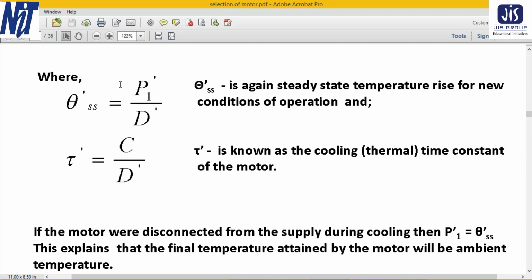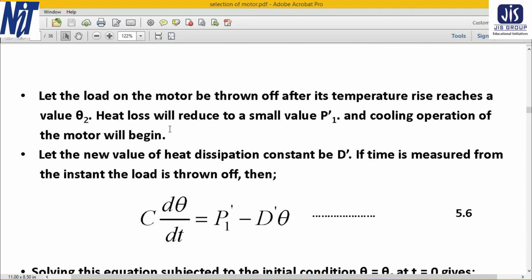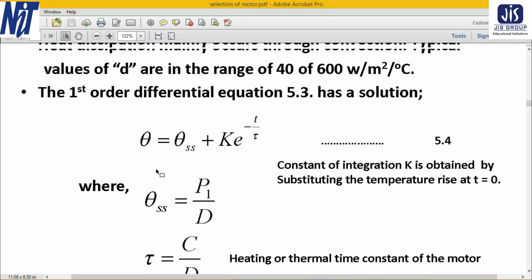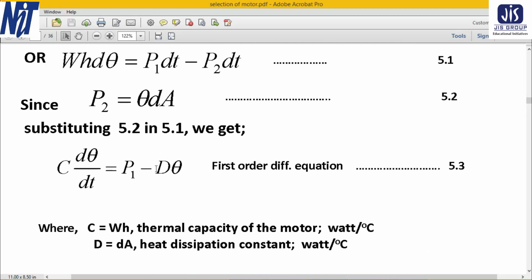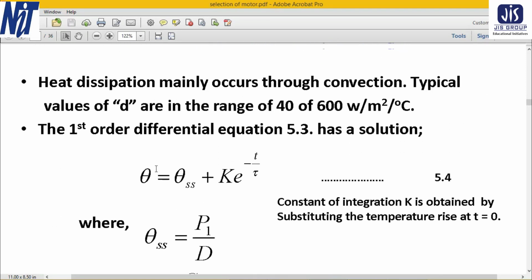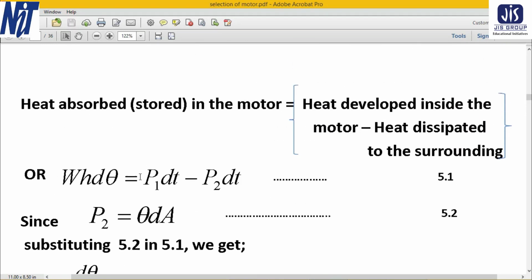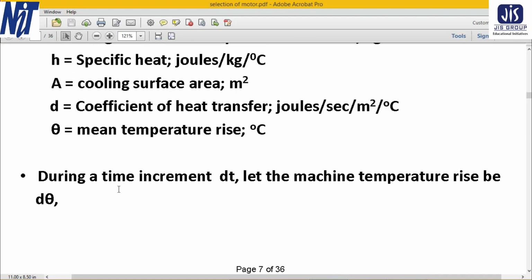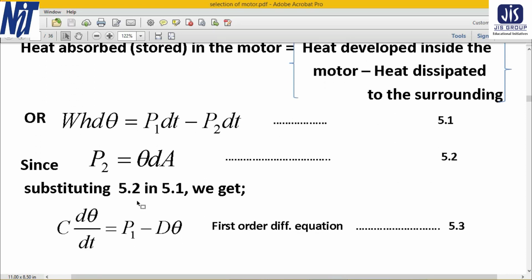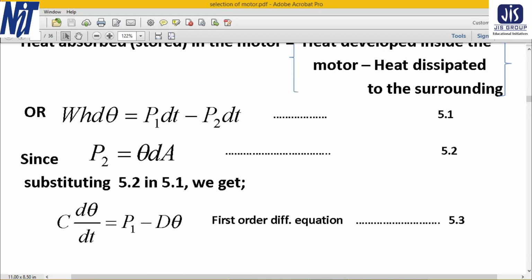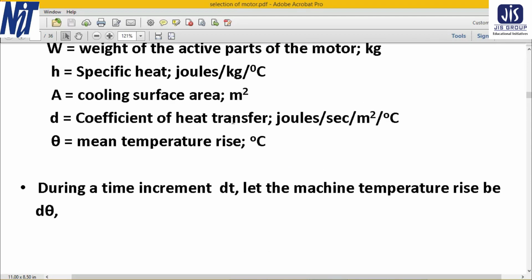So P1 dash equals theta ss dash equals d dash, because you recall that d dash equals d into a, and d is my coefficient of heat transfer.